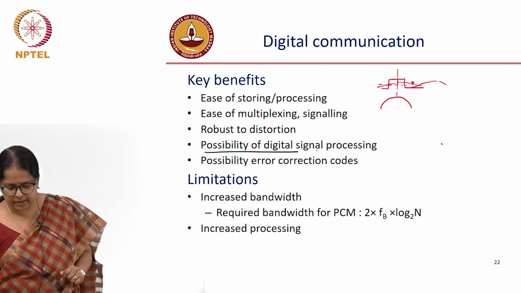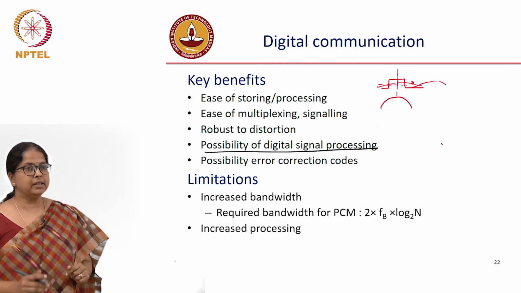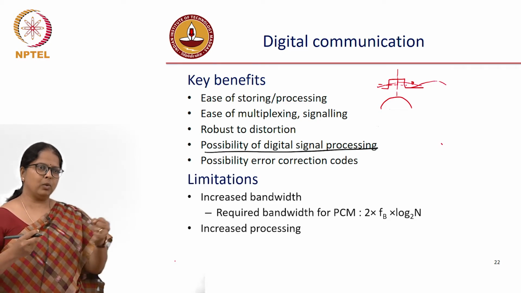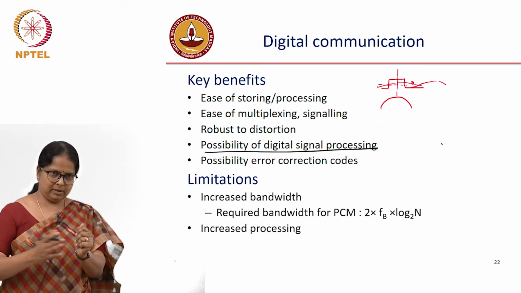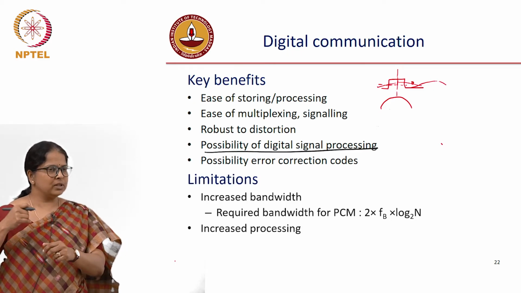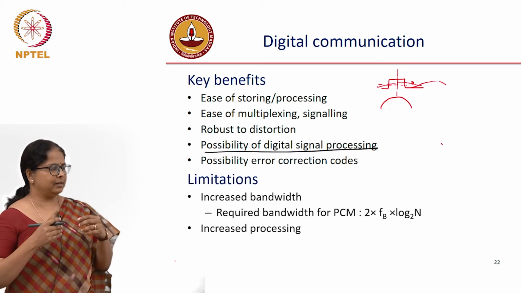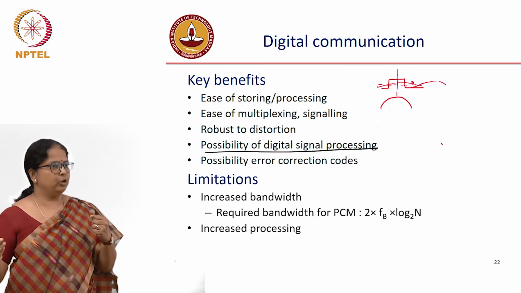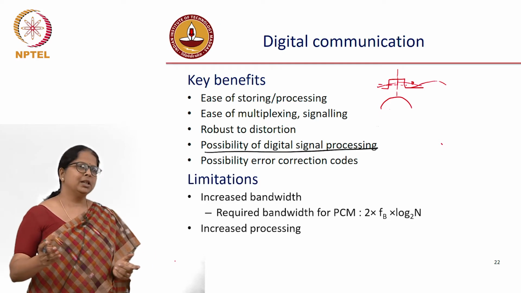One of the key benefits is this possibility of signal processing, which means that you can collect your signal and process your 1s and 0s, find samples corresponding to times, and process these samples to do certain operations which we will discuss later, like filtering, averaging, low pass filtering, high pass filtering in the digital domain to do some data recovery, which is not possible in an analog signal.